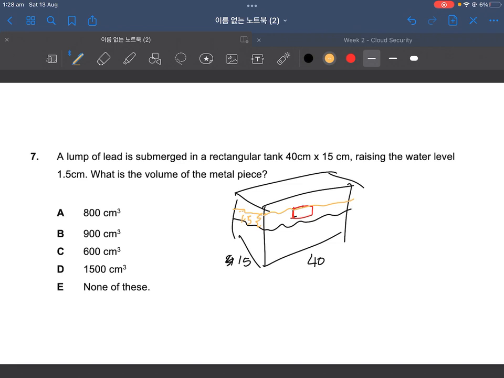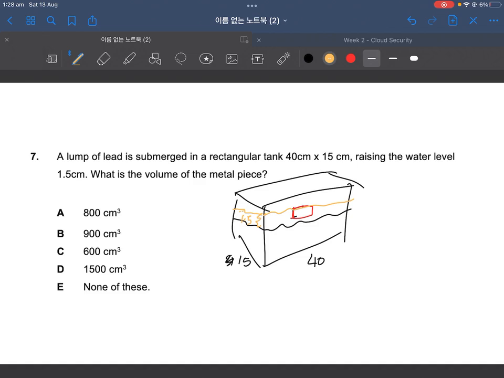You need to understand that if we put anything in water, the water level rises at the same time as the object enters the water, because this object is pushing down on the water, so the water on the sides will go up.